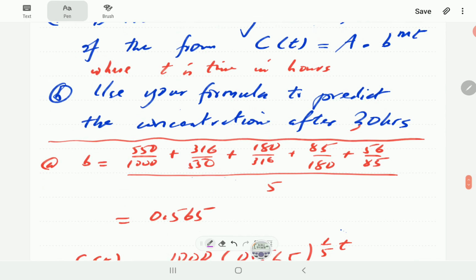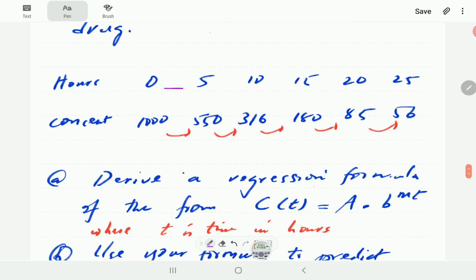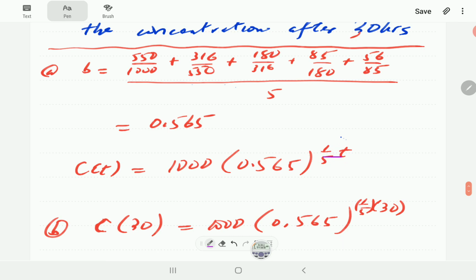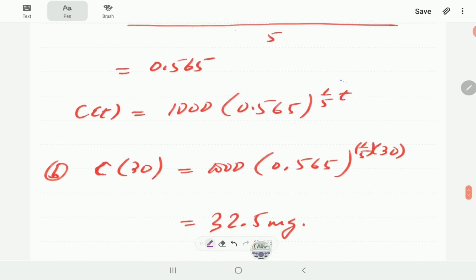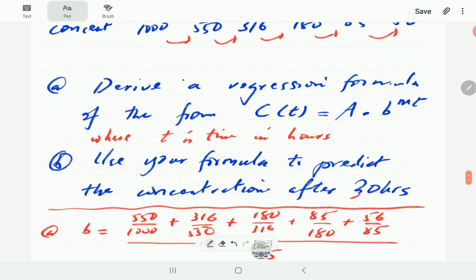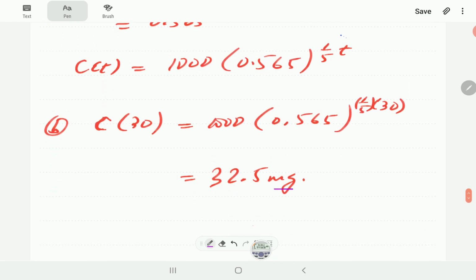We are taking the concentration every 5 hours, so that means compounding 1/5 times, so it's going to be 1/5 there, or 0.2. Then after 30 hours we simply plug in 30 there, because our model is starting from 0 anyway, and we find that after 30 hours the concentration is going to be 32.5 milligrams.